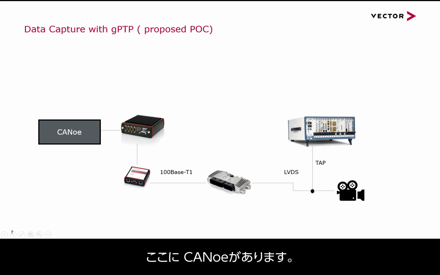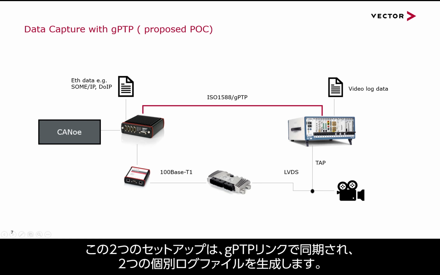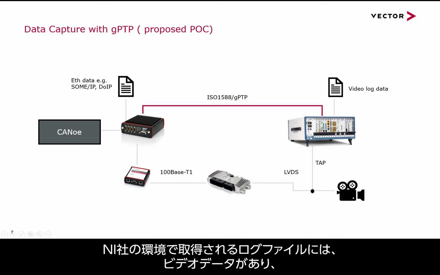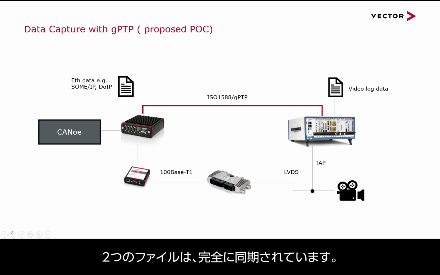And here it is CANoe. And now the two setups, of course, are synchronized over the gPTP link, thus producing two separate log files. The log file on the NI setup carrying the video data, and the log file on the Vector side, of course, carrying the SOME/IP and the rest of the Ethernet data. But the two log files are fully synchronized.